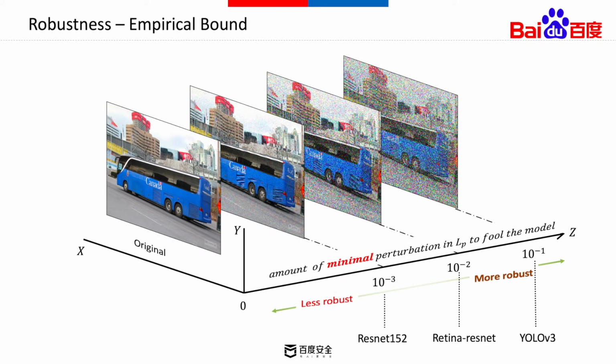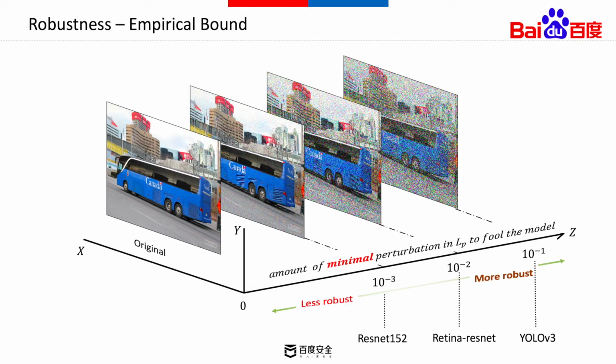In this slide, we show an original image and three perturbed images against three different models, ResNet 152, ResNet, and YOLO v3. These perturbations are empirically found to be minimum in order to fool these models. And these models behave consistently and correctly against any perturbations that are smaller.